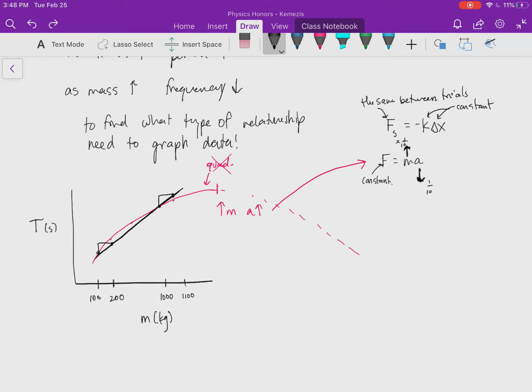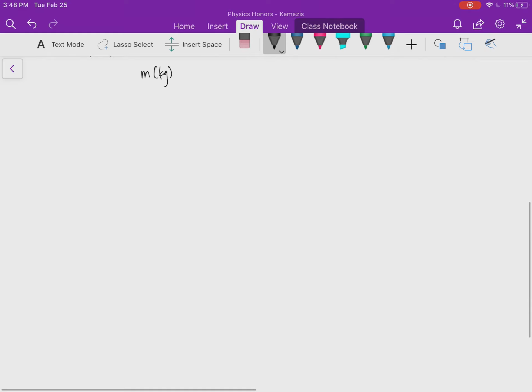So while I do see the relationship that as mass increases, period increases, it's not the same effect all the way through, okay? So linear, this is our linear fit, is also not a good physical fit; it does not fit with what we're seeing and with the theory.